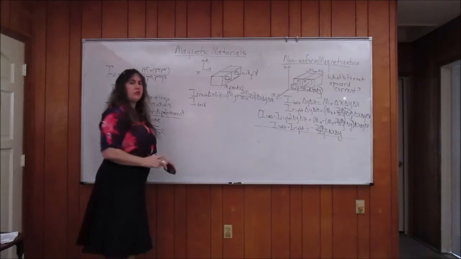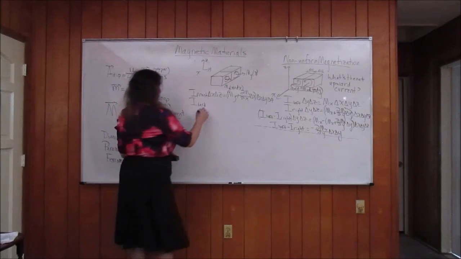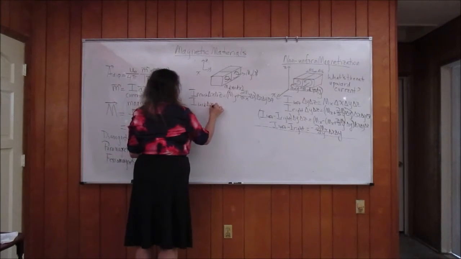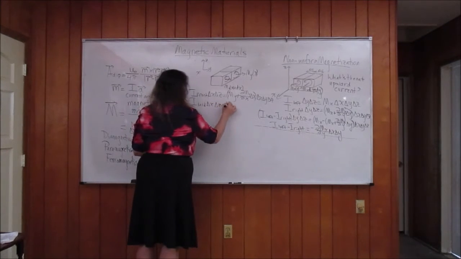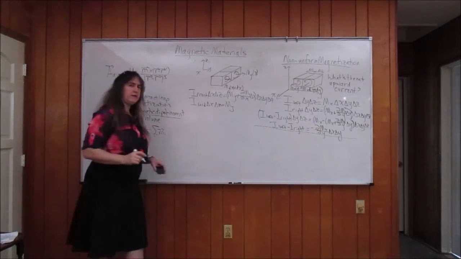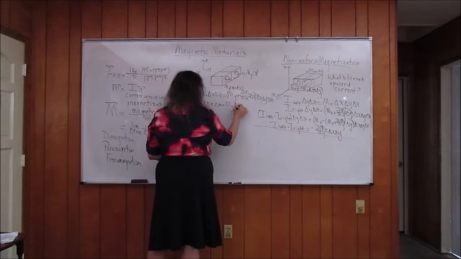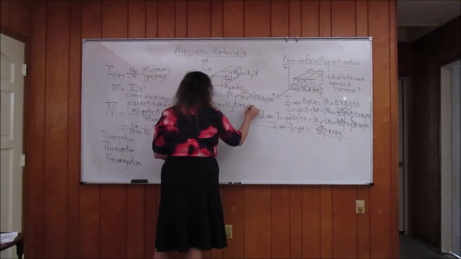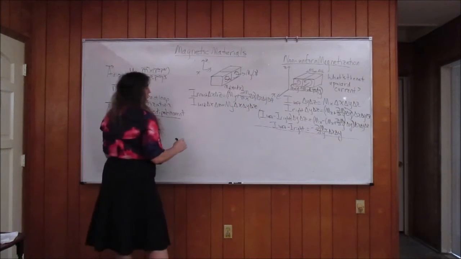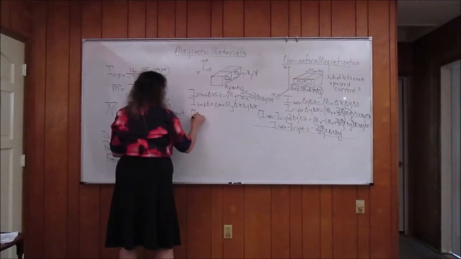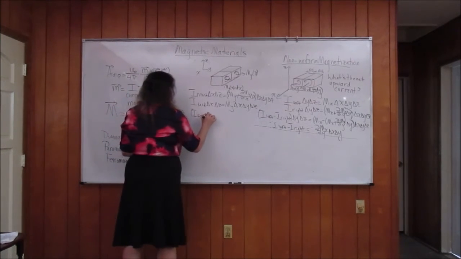The contribution to the current from the back cell is equal to my times the volume of that cell, which is delta x, delta y, and delta z. The net current in this case is I front minus I back.